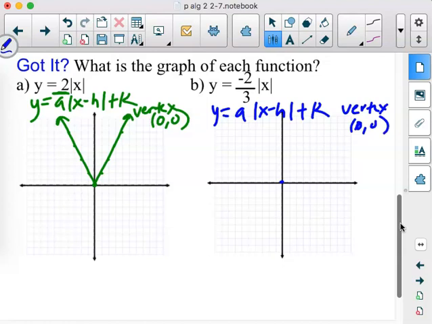Yeah. So from that point, where do I have to go to get my right side of my graph? Down 2 and right 3. And then just do the opposite for the left-hand side. So down 2 and left 3.